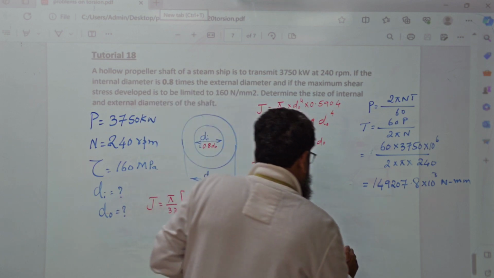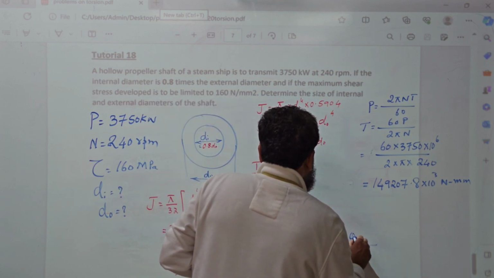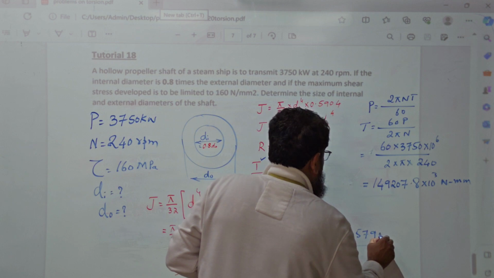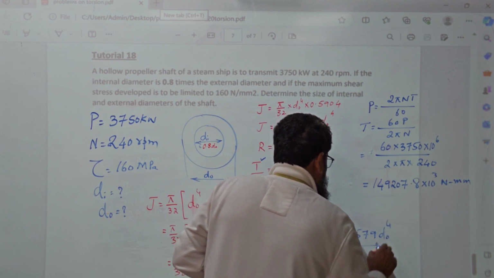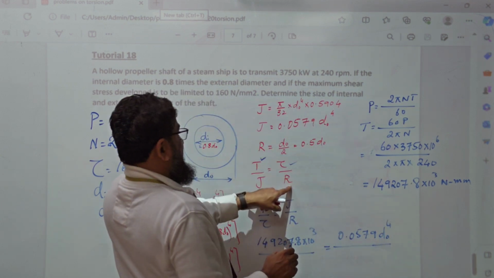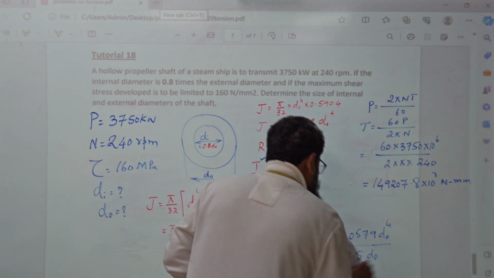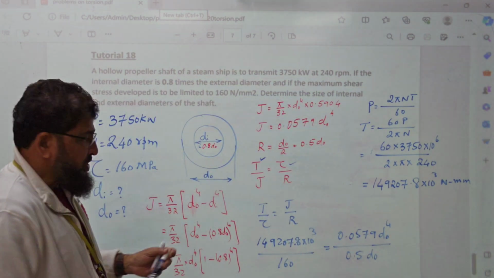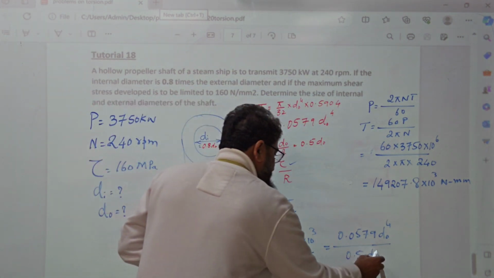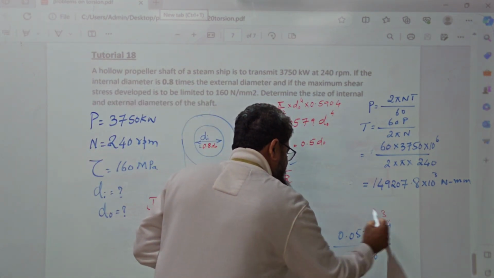J is here, 0.0579 D naught to the power of 4 by R. R is how much? 0.5 D naught. Okay. So here what is happening? One D naught is getting cancelled and I am left with D naught cube.